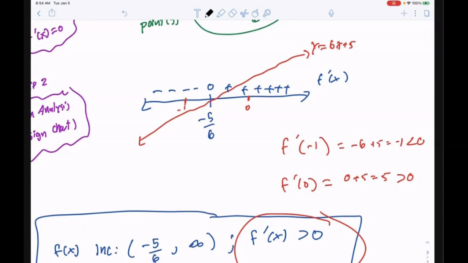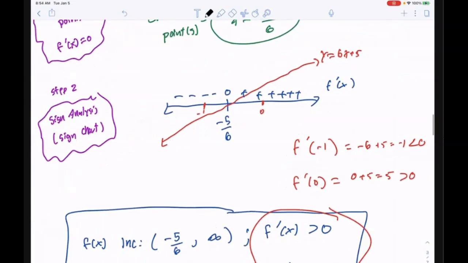The answer is yes. The derivative is negative, and then changes to positive. So there's a relative minimum, because the derivative changes from negative to positive.